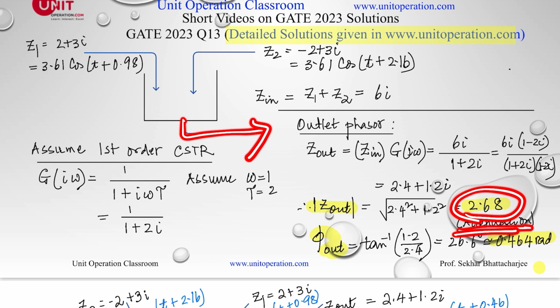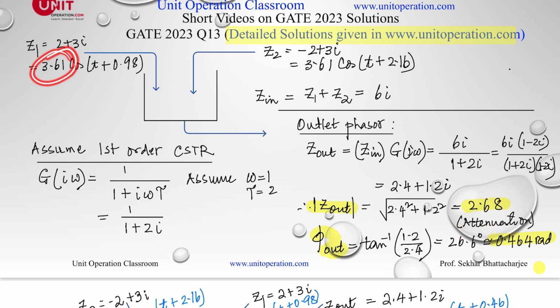See, this has been attenuated, since this was 3.61. That's basically what happens when there are two sinusoidal flows coming in: because of the residence time in the CSTR, or holding capacity, there's an attenuation, and the phase out can also be calculated, which is 0.464.